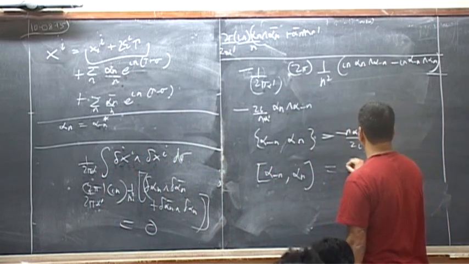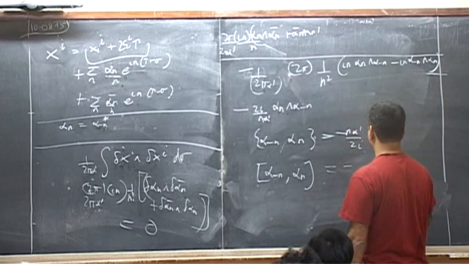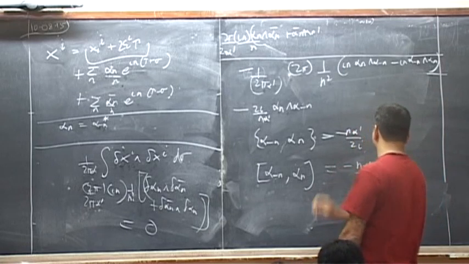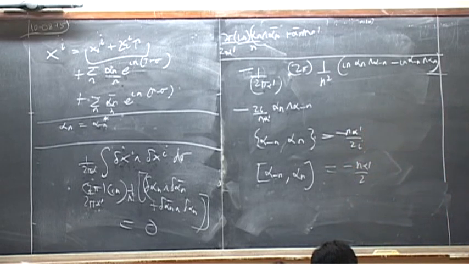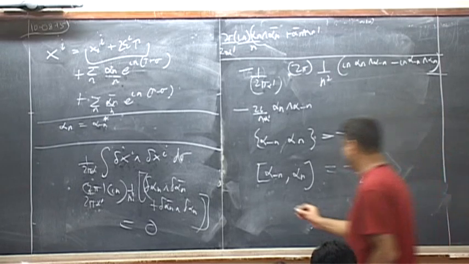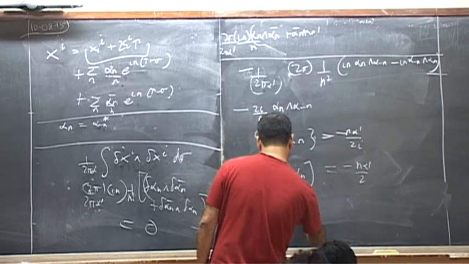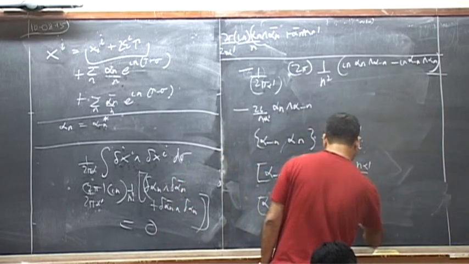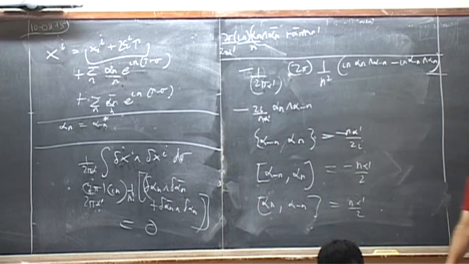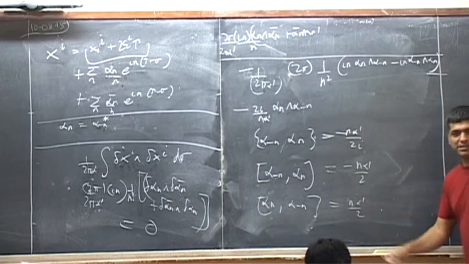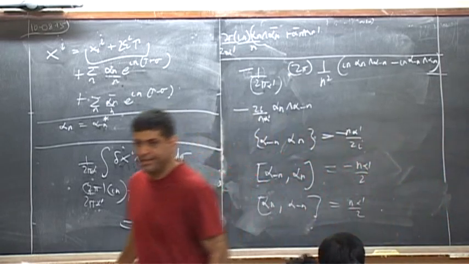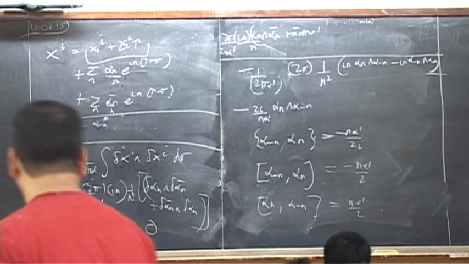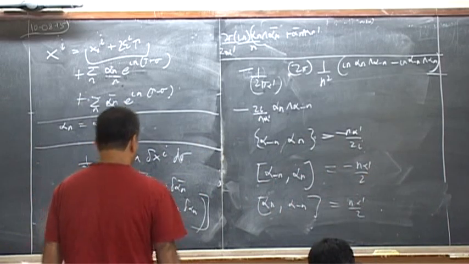So we get minus n alpha prime by 2. Or you can write this alpha minus n is equal to n alpha prime. Now this alpha prime by 2, as was anticipated, is an irritating factor to carry around, so it's easy to get rid of.